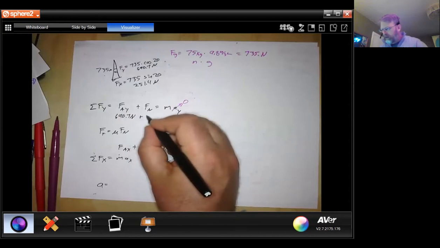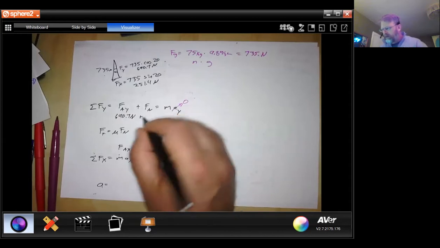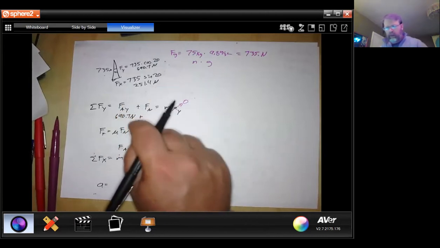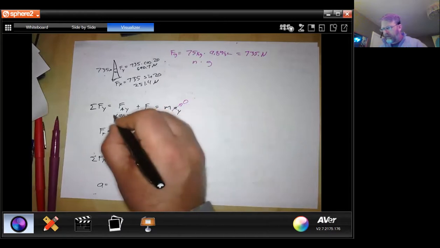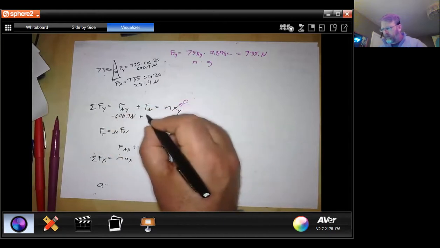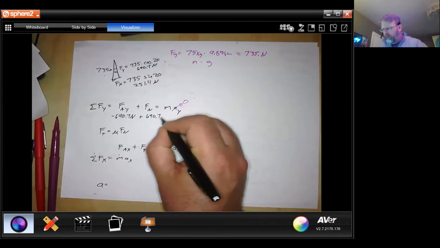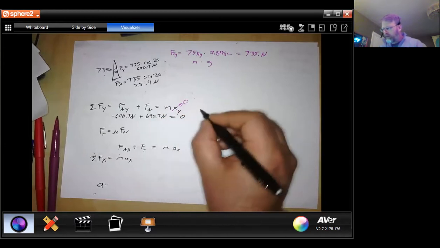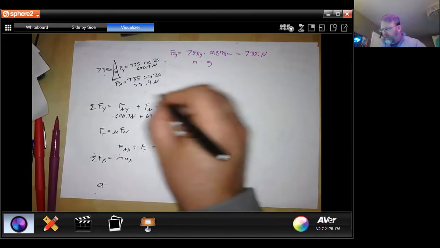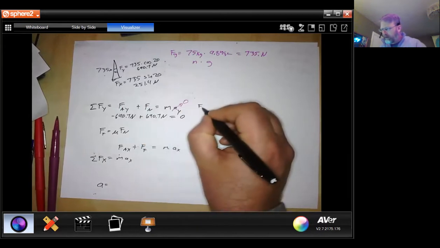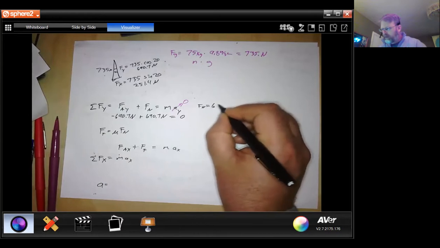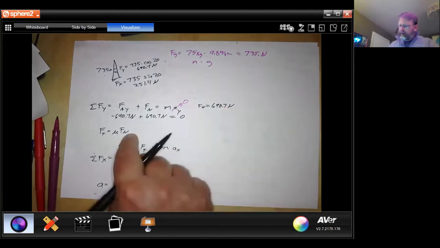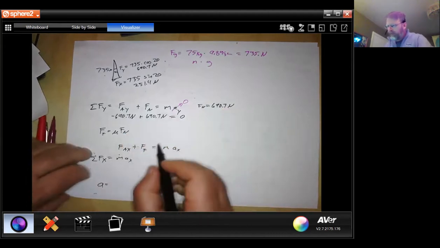So this has to be our negative, or depending on our drawing system, we can define one as positive and one as negative. I like to make gravity negative and my normal force positive, and all that had to equal 0. So that means we now know F of n must have been 690.7 newtons.